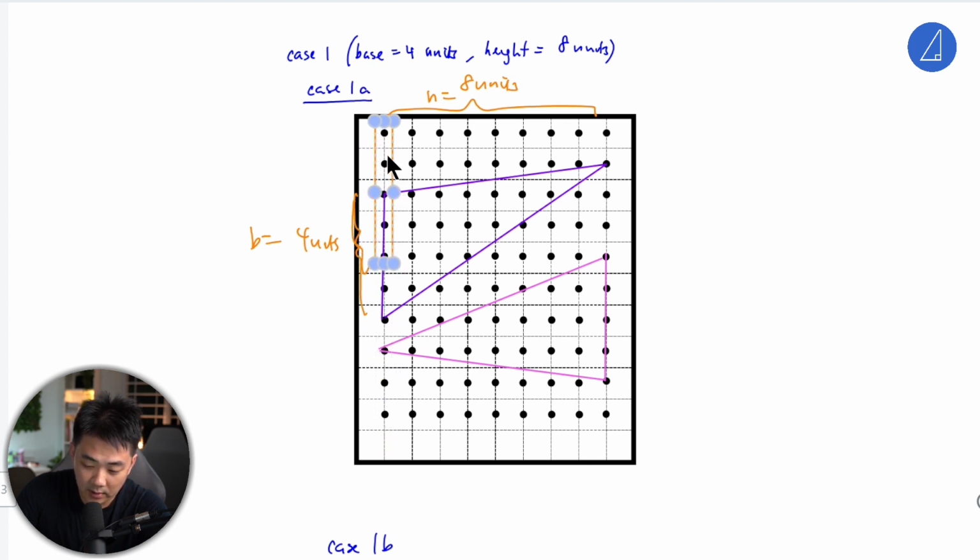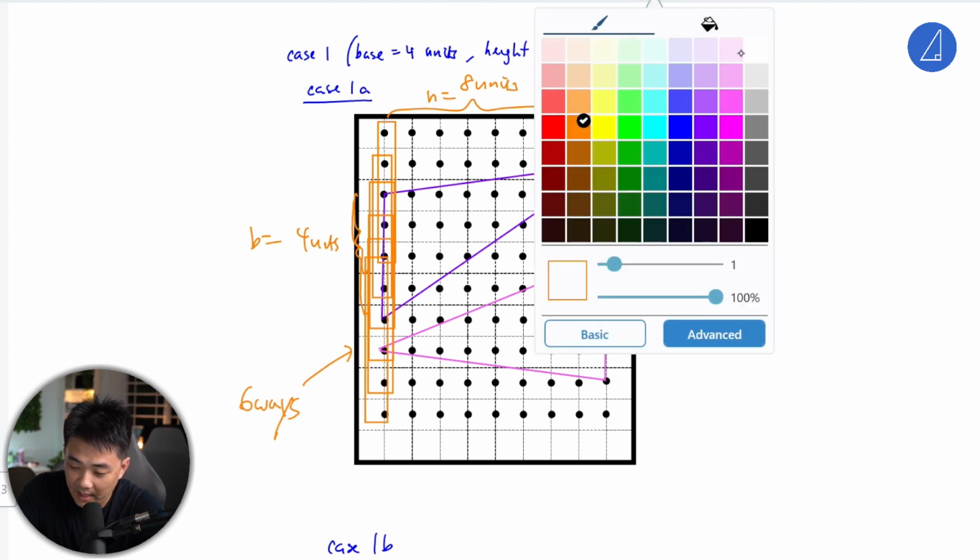So there are 6 ways for us to choose to position our base in this form here. So 1 2 3 4 5 and 6. So there are 6 ways to position our base. 6 ways. Okay. After which the 8 units here, actually there's only one way because we only have 8 gaps to accommodate.